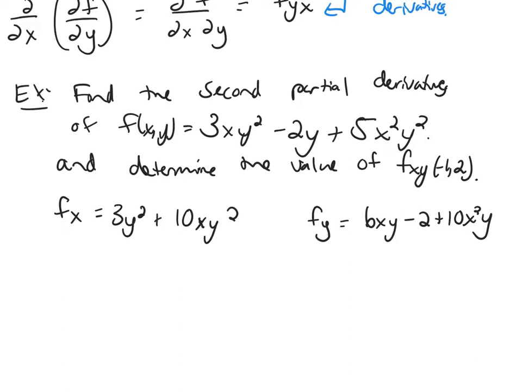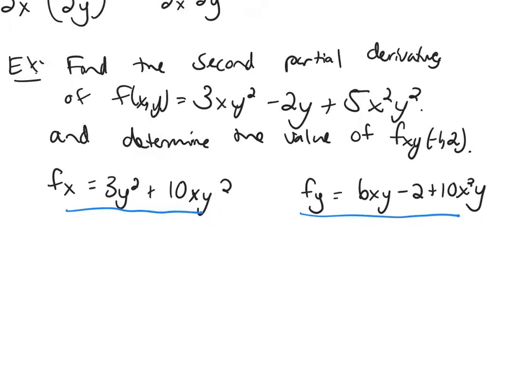So these again are your first partial derivatives, but now we're going to find our second partial derivatives using those. So take fx and then take the partial derivative with respect to x now. So you'll get 10y squared. Take fx and take the partial derivative with respect to y. So it'll be 6y plus 20xy.